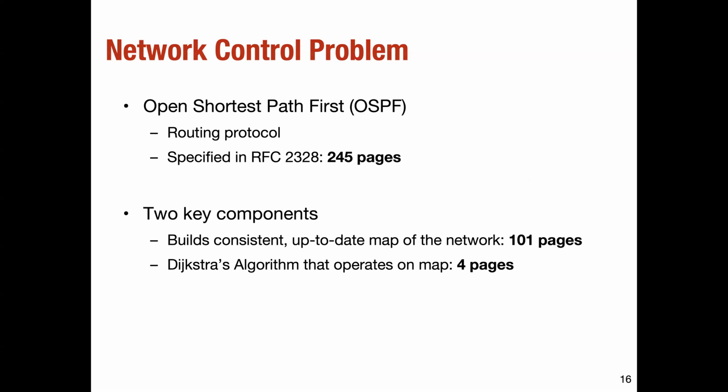So this gives you a sense that the actual goal is to decide the shortest path, but to achieve that, because the control sits on the router itself, all these routers have to coordinate with each other so that they can build this consistent up-to-date map of the network, and that takes 101 pages of specification, right?